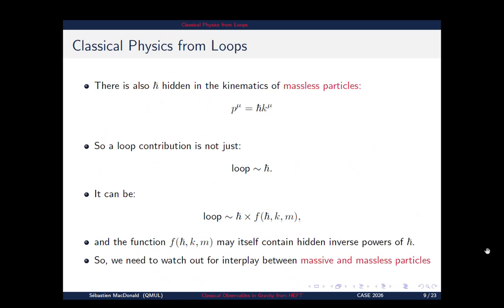The loop contribution isn't just an h bar for every loop multiplied by some function; the function comes from massless particles being propagated, and these might contain inverse powers of h bar. We need to watch out when we have massive and massless particles, especially if these massless particles are propagated.